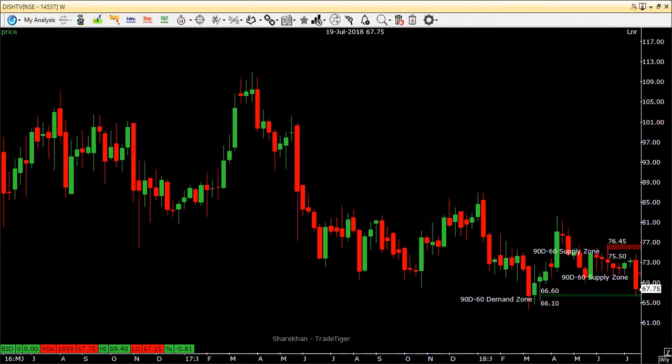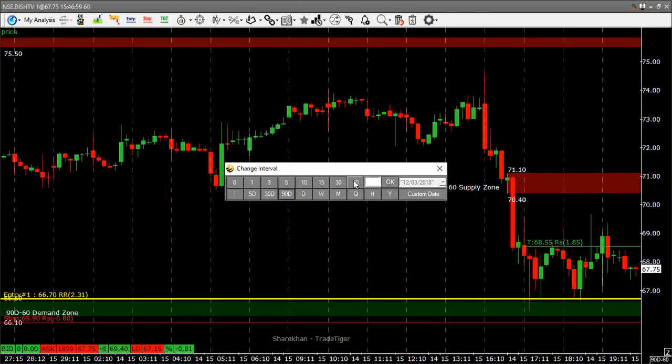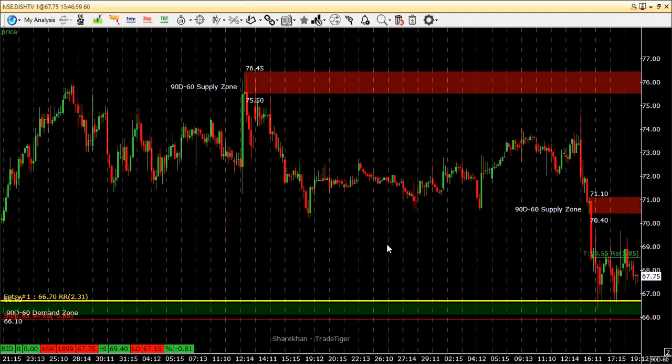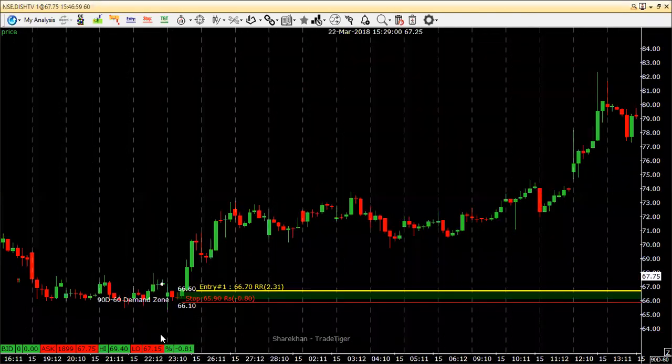But now let's go back to the 60-minute chart where I had identified this area of demand. So let us first zoom into this area where I had planned my trade initially. So this is where the trade was initially planned.